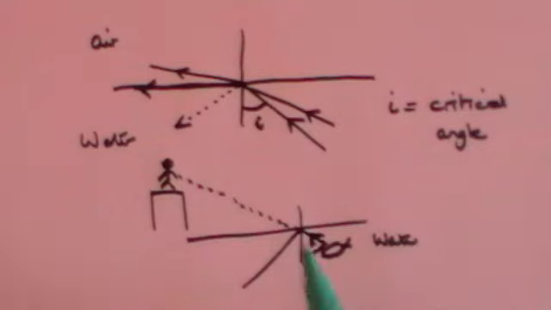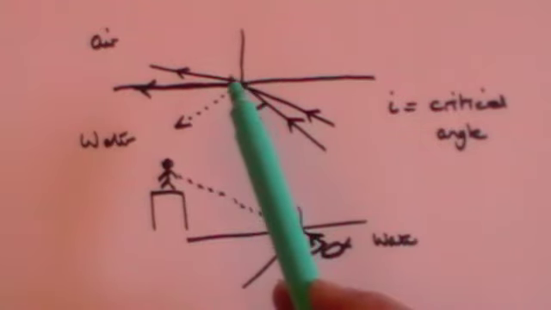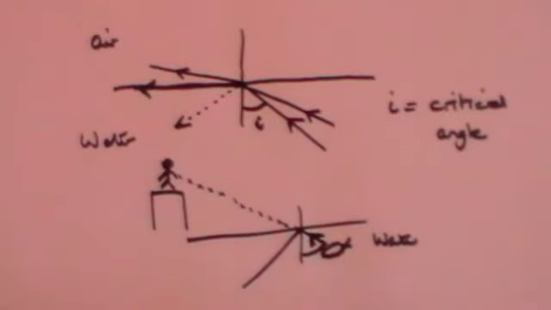So if you're looking at this kind of angle, hoping to see fish in the water, you won't, because the light is totally reflected. At the critical angle it's all refracted along the surface. Beyond the critical angle, it cannot be refracted, it all gets reflected. And obviously, as we learnt in the last video, when you're talking about reflection, the angle of incidence will equal the angle of reflection.